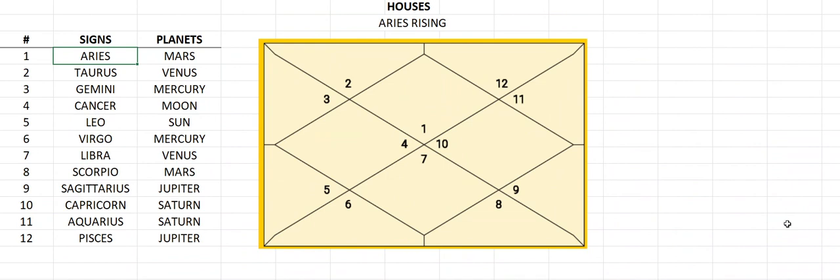After Virgo, we have the seventh sign, which is Libra, and Libra is ruled by Venus. The eighth sign of the zodiac is Scorpio, and Scorpio is ruled by the planet Mars. The ninth sign is Sagittarius, ruled by Jupiter.